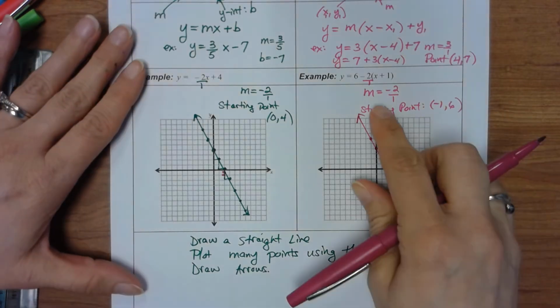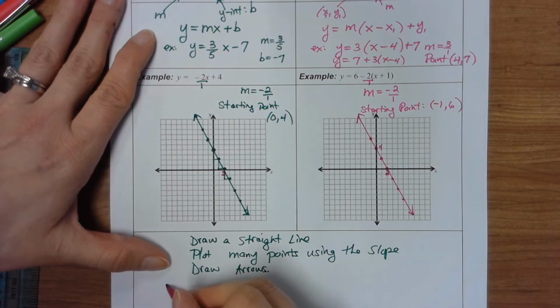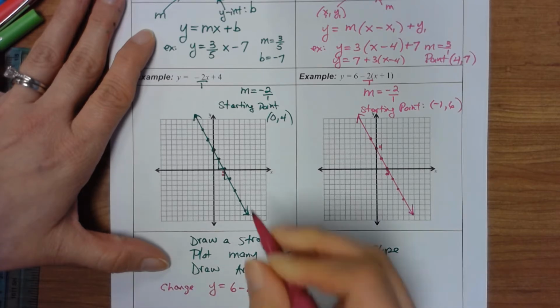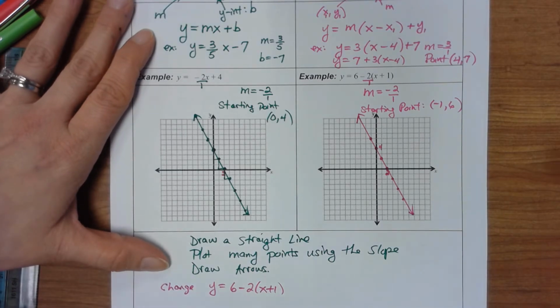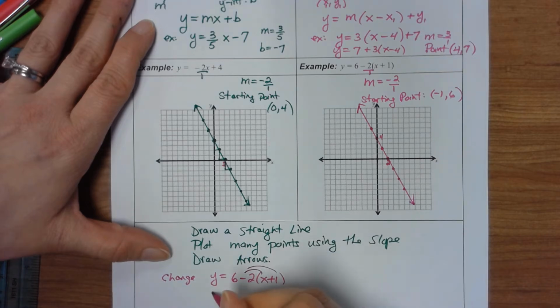In fact, I can show you. You guys have learned how to change this. Let's change y equals 6 minus 2 times x plus 1 into the other equation. The way that we're going to do that, we're going to distribute a negative 2.